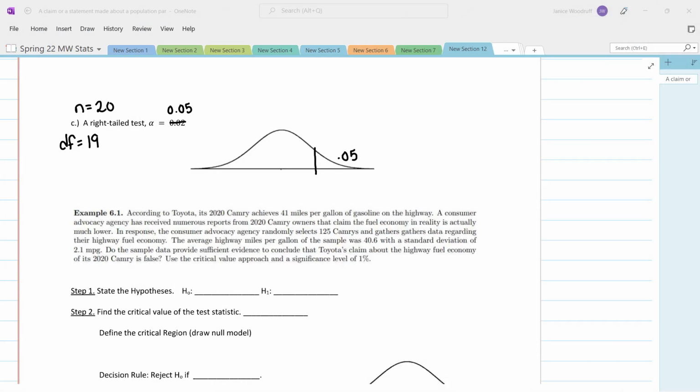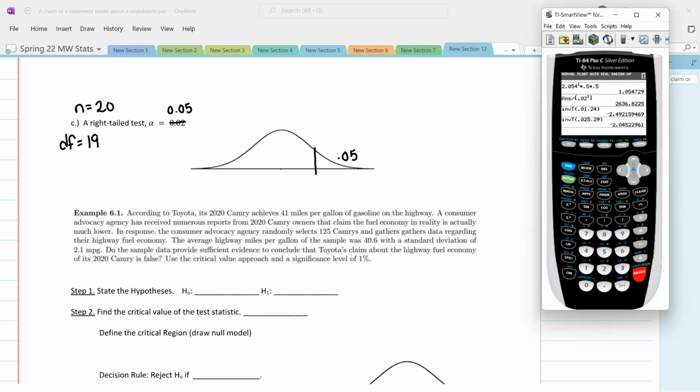Okay, and if we look it up in the calculator, it should give us the same thing. So second distribution, inverse t, area 0.05, degrees of freedom 19. Okay, it's going to give us the negative value. We know it's right-tailed, so we're going to make it a positive value.